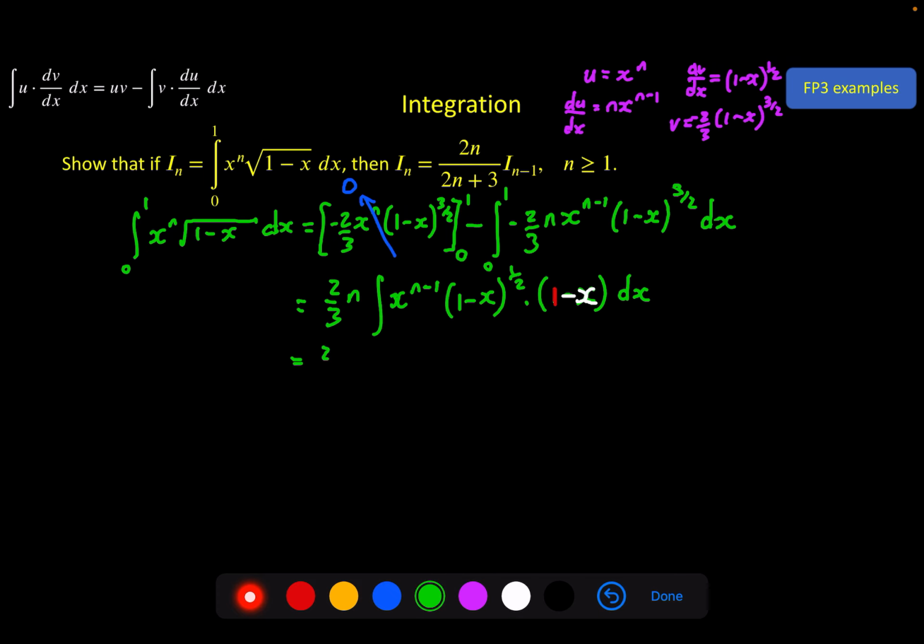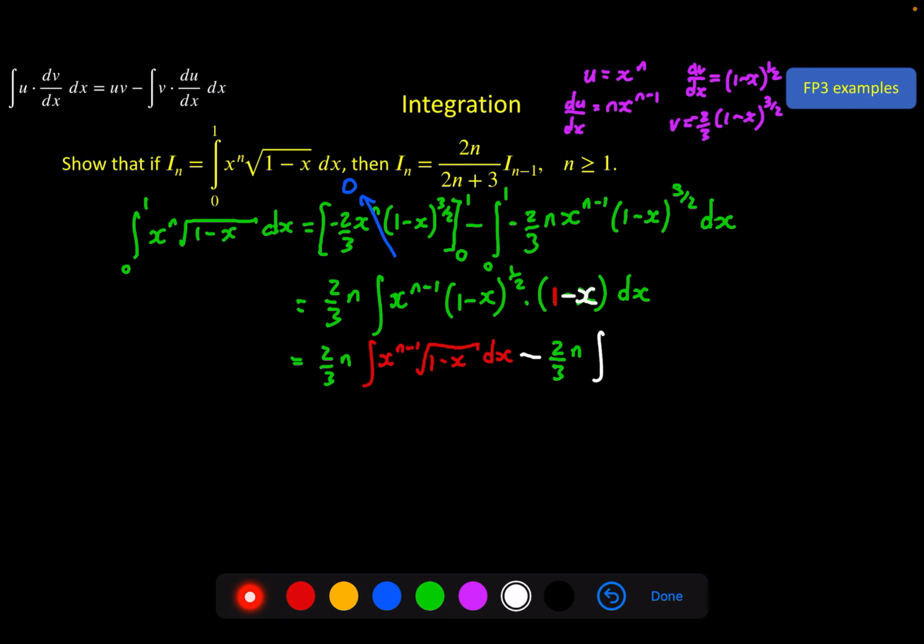So we've still got 2/3 n in front. And then if I expand this bracket with the 1, I've got the integral of x to the n minus 1 times the square root of 1 minus x dx. Great, that is looking like something I can use. Then I've got a minus from the minus x, 2/3 n still, because I'm splitting this into two completely separate terms.